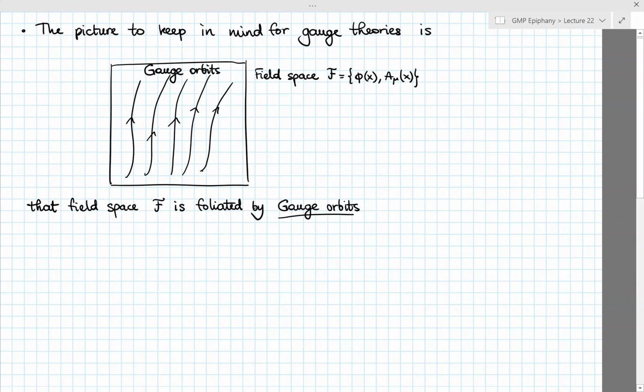Foliated is a mathematical term that I will not get into the definition of. The point is that you can describe all of field space as the union of these gauge orbits, which do not intersect one another.